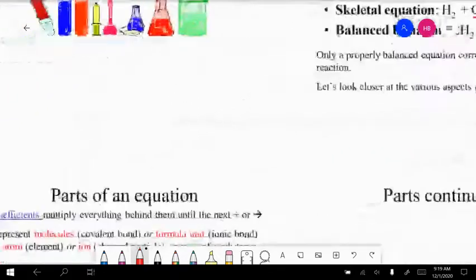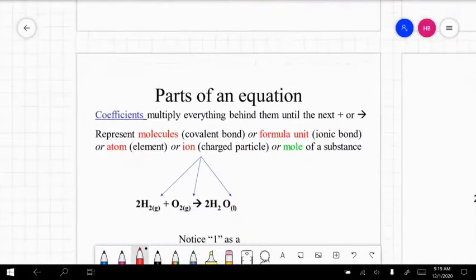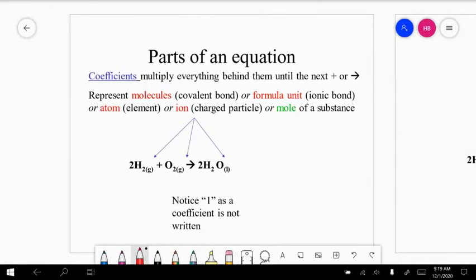So we're going to pick apart the different parts of the chemical reaction. The coefficients here are going to tell us how many actual atoms, molecules, formula units, ions, or moles of a substance we have. Notice that oxygen doesn't have a coefficient. When it doesn't have a coefficient, that is one understood.